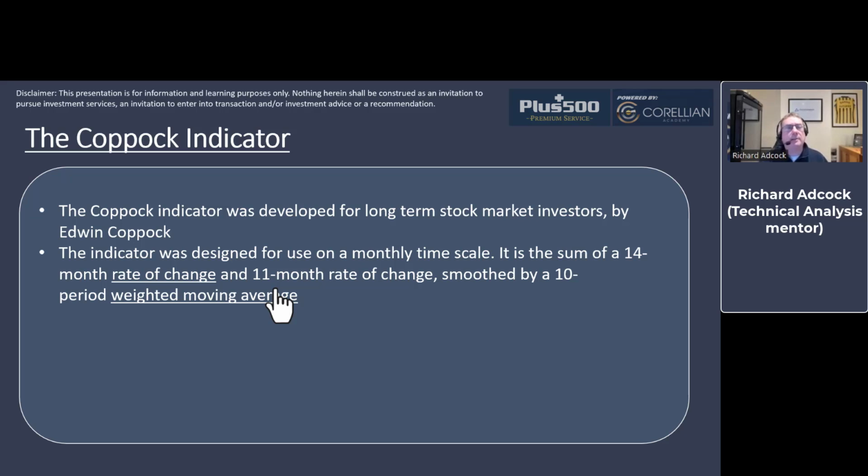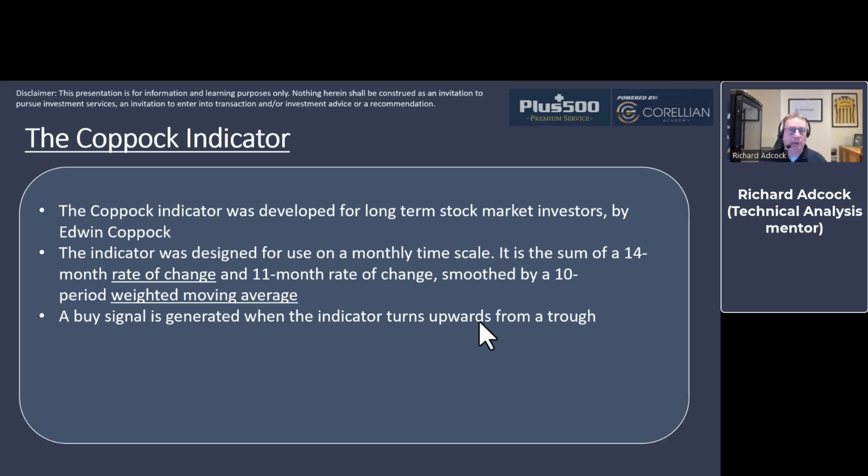And this is why Coppock used this time frame, because he was basically thinking along the lines that if anybody had lost money within a bear market, it would normally take about 11 to 14 months to overcome that loss and to actually view the market and be able to trade effectively once more. So this is why we've arrived at the 14-month and 11-month period, and then the smoothing factor as well.